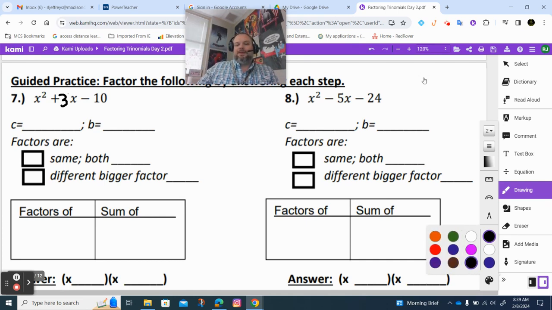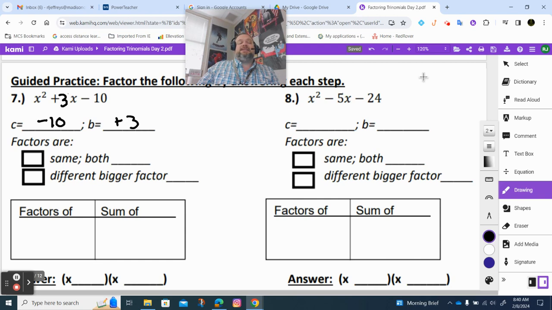All right. So let's look at this. Our C is -10. Our B should actually be +3. All right. So when C is negative, are the signs the same or different? Different. So X, check the box, fill it in, something. All right. And we also know our bigger factor is going to be what? Positive.